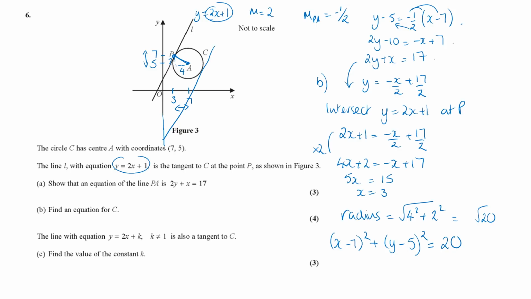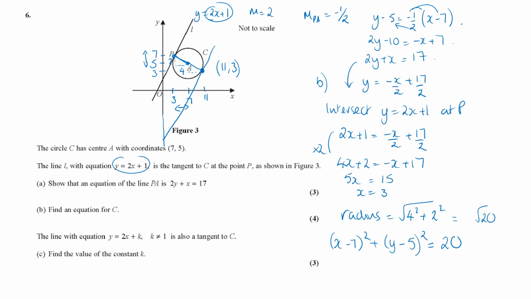So we know it's got a gradient of 2, and if I just extend and do the diameter over, then I know if I go down another 2 and across another 4, I can find a point on the line where it's going to be tangent. So if the centre's at 5, if I go down another 2, that will be at 3, and if I go across another 4, that will be at 11. So this point here on the line that we're after has the coordinate (11, 3).